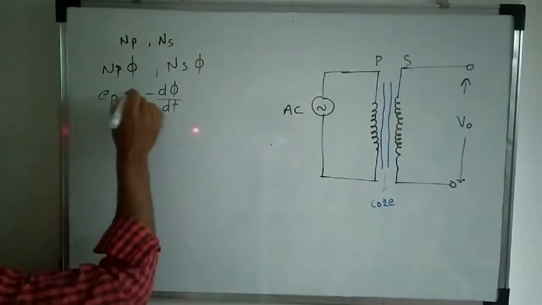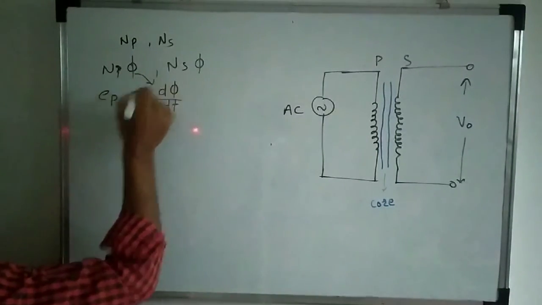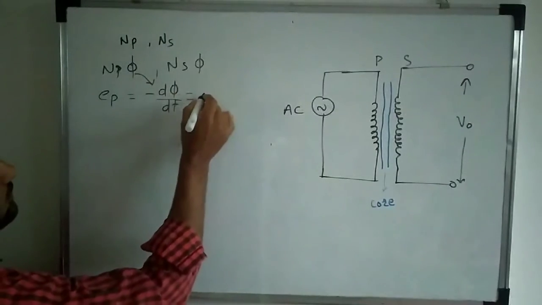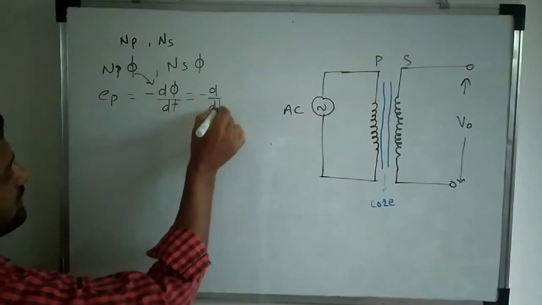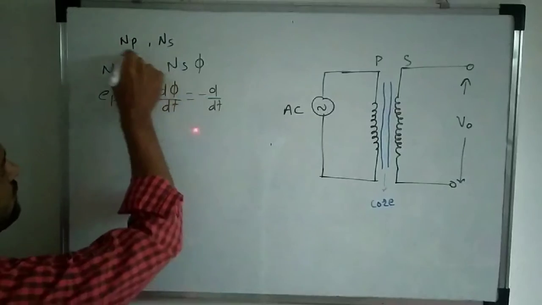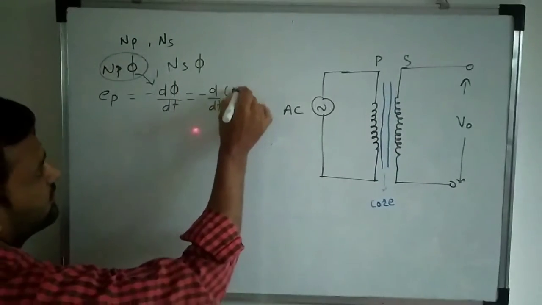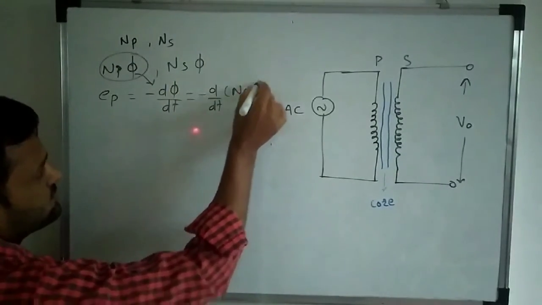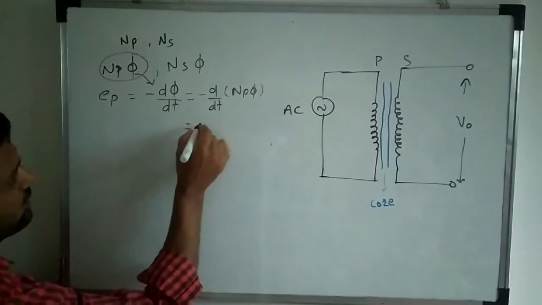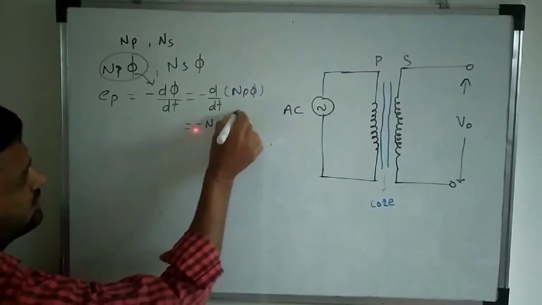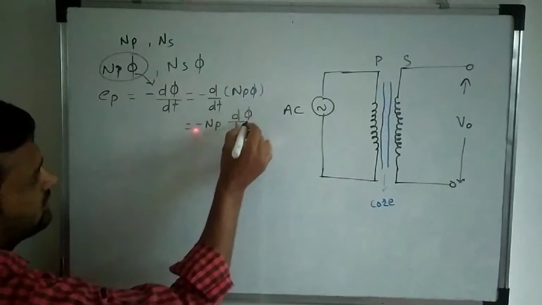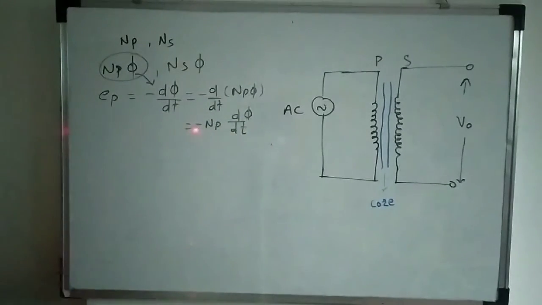Now the magnetic flux for the primary, we can put the value here. Minus d by dt of NP phi. NP is constant, take it outside: minus NP d phi by dt is the induced EMF for the primary coil.